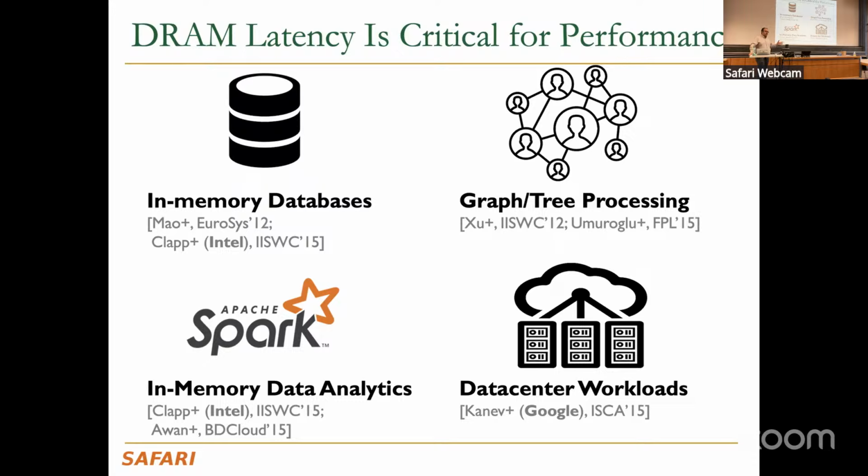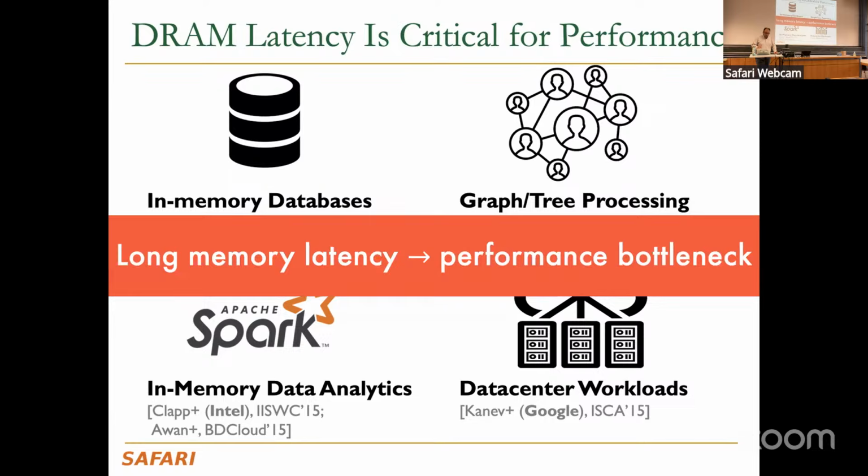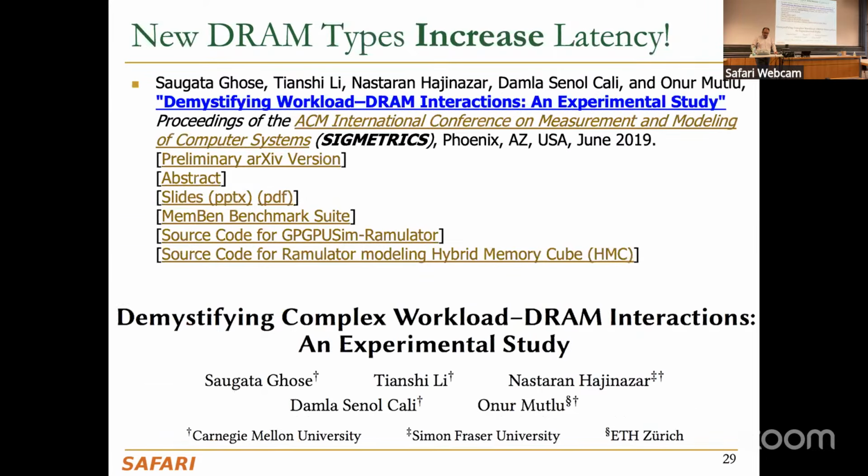But there are certain applications where you can't really do that, and unfortunately nowadays we have many more applications that we cannot hide, as a result of lower arithmetic intensity and also more irregular memory accesses. Essentially you cannot benefit from the latency hiding techniques that people have been using a lot in GPUs. So long memory latency is a performance bottleneck for these applications.